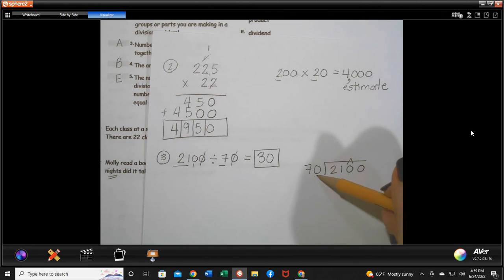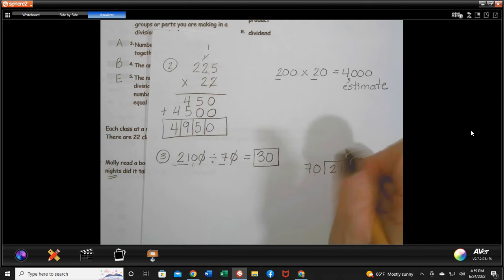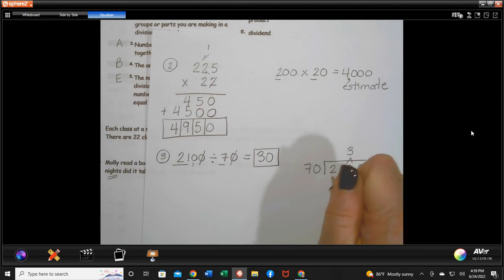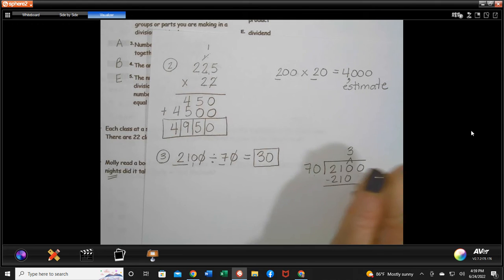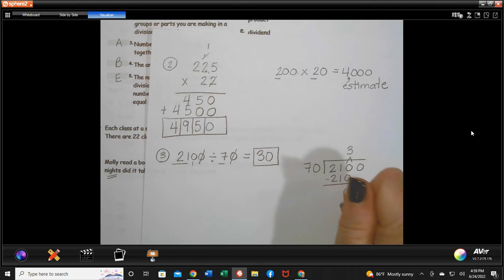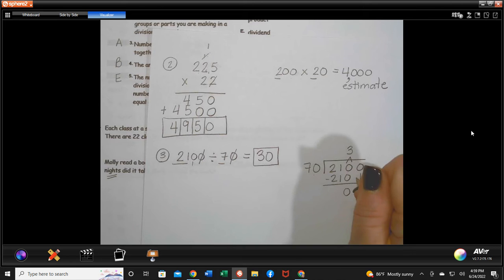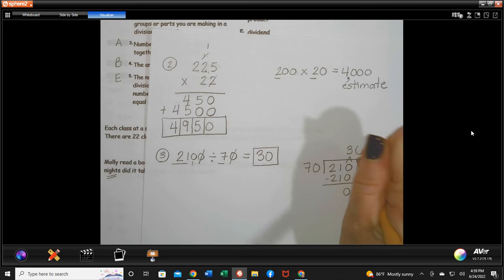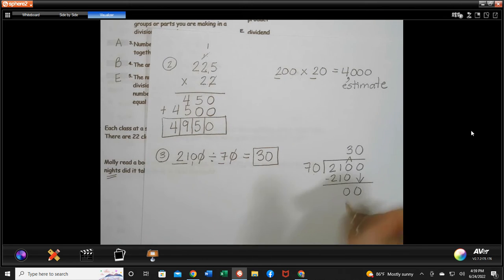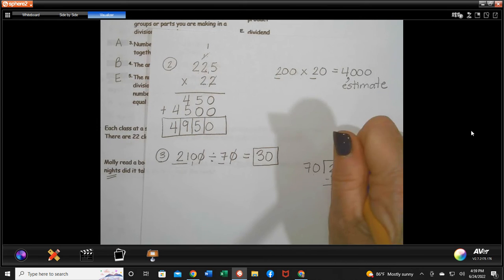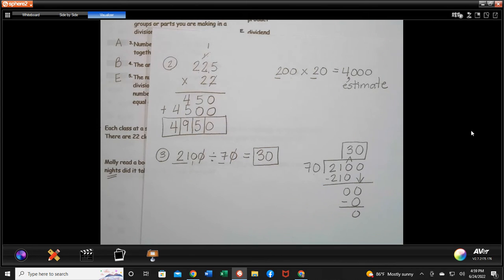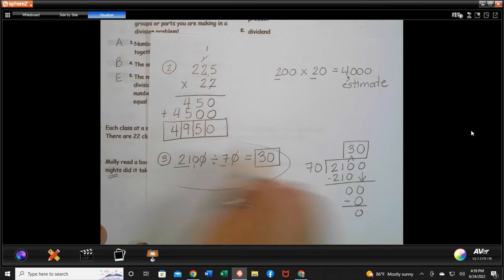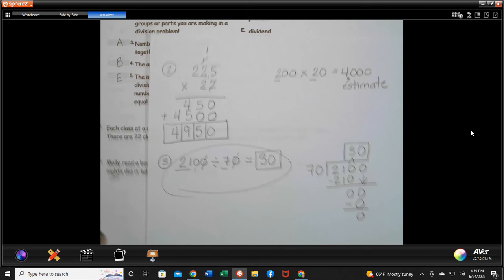And using your basic fact, 3 times 7 is 21, you would know that 3 times 70 would be 210. So you subtract, you get 0, you bring down, and then 70 goes into 0 times. 0 times 70 is 0. And you would have gotten your answer with the long division, but not necessary because right here is where we could have done our work with the estimate.